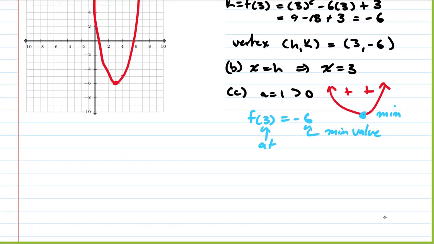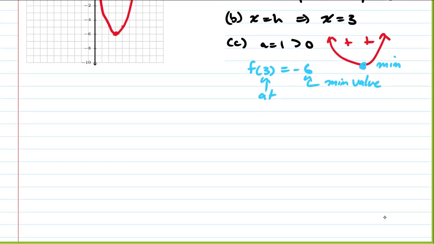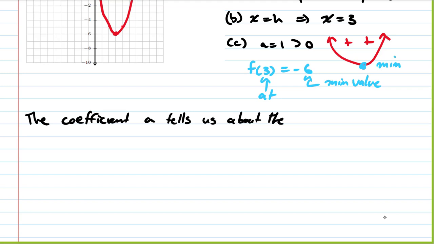All right, so in these first two examples, we did these rough sketches, and all we really did was find the vertex and then determine whether it opens up or down. It turns out, as we know, A gives us a little bit more information. So the coefficient A tells us about the stretch factor.